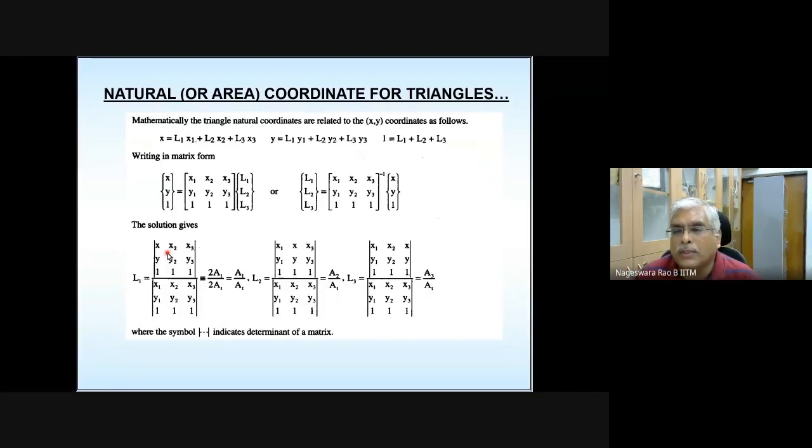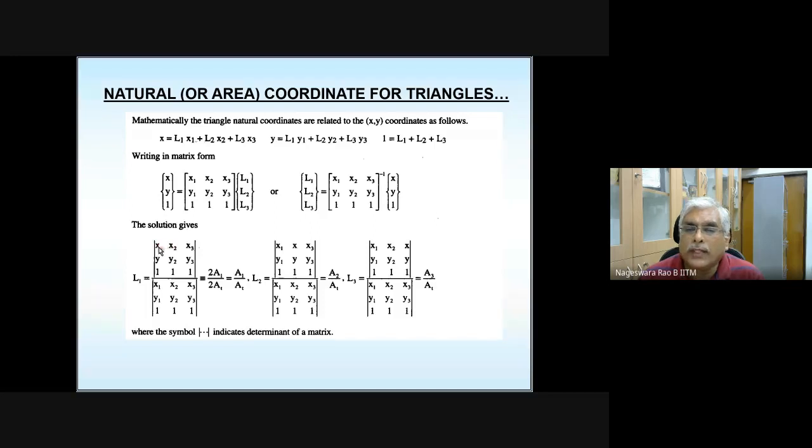If a particular column is a linear combination of the other two columns, what is the determinant going to be? You need to go back to your 12th class mathematics or first year engineering mathematics and verify that. I'm going to leave that to you.